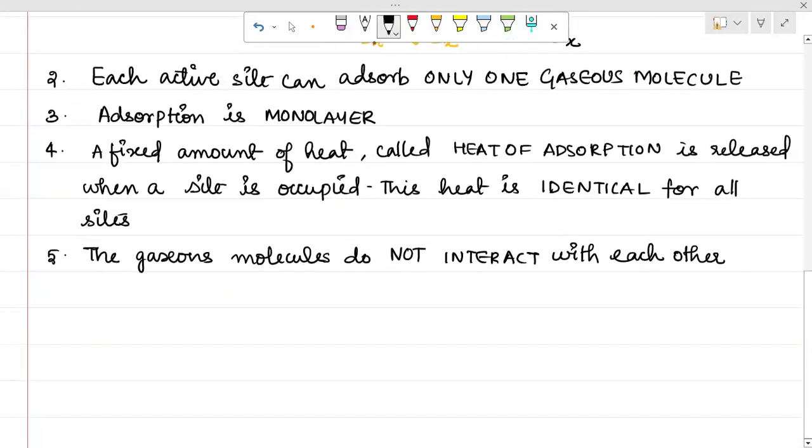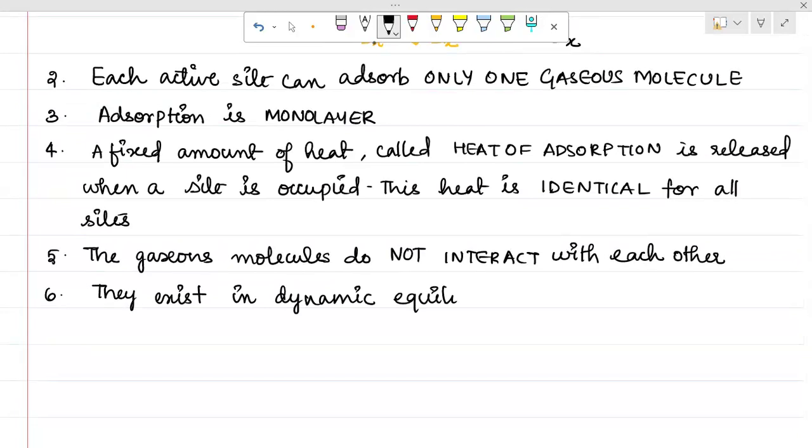Okay. Sixth one, they exist in dynamic equilibrium. So if they exist in dynamic equilibrium, it means you have a gaseous moiety on a solid surface.